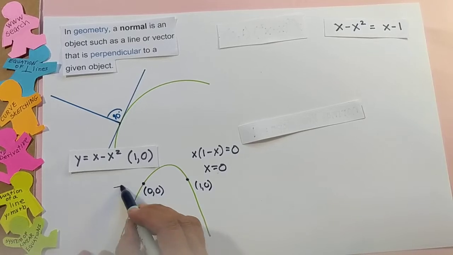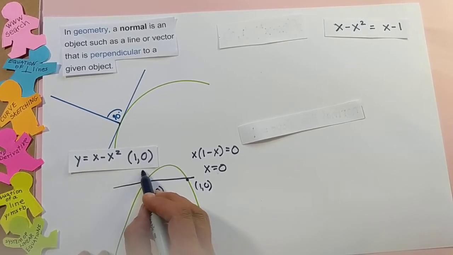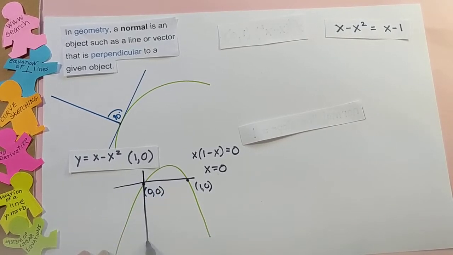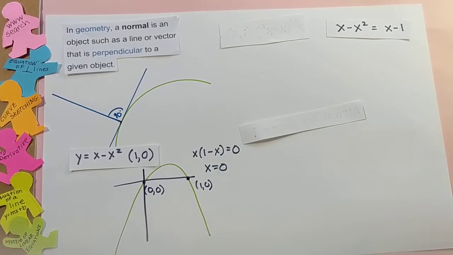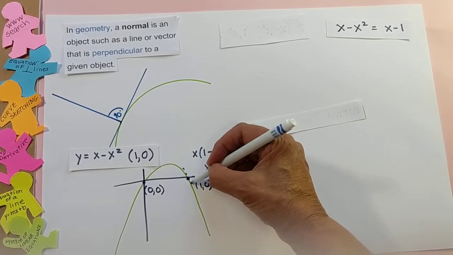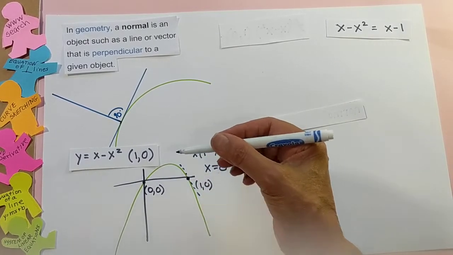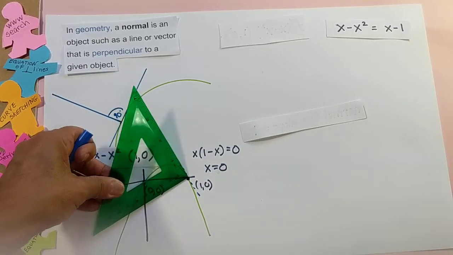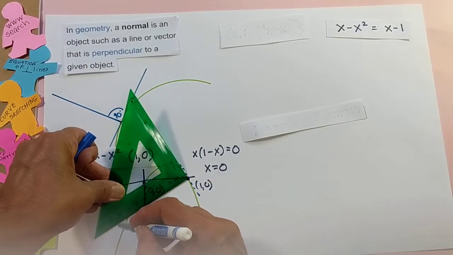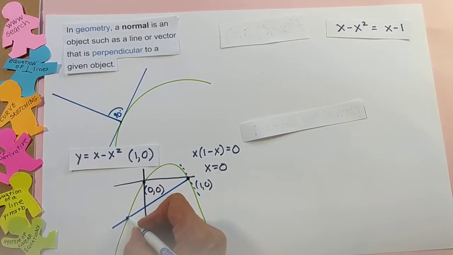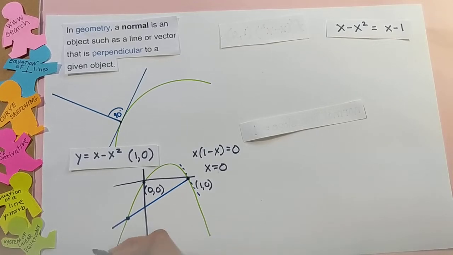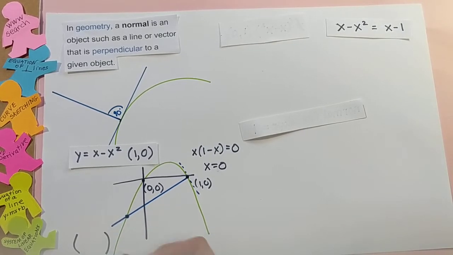I can now draw my axes. And what the question is asking me to do is find the slope of this line and then find where the normal line intersects the parabola. So I need this one right here. So good. That's what I need to do.